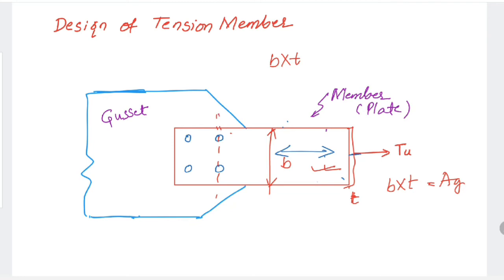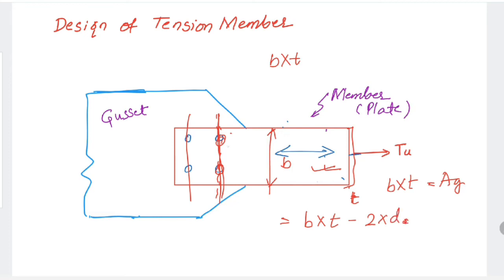Whereas at this section, here or here, we call it the critical section. This is nothing but B into T minus 2 times the diameter of the hole.